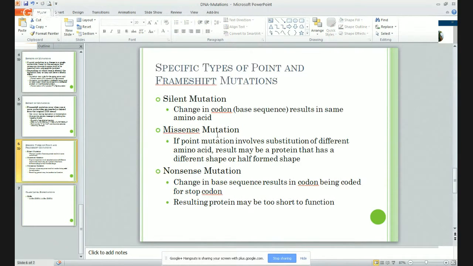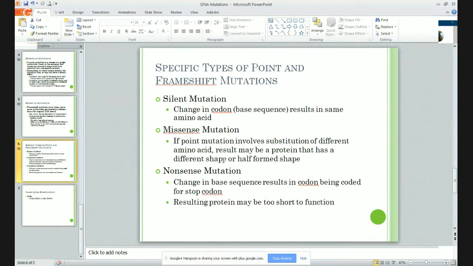Okay, the next one is a missense mutation. This is also a point mutation, and it involves the substitution of a different amino acid, so you're going to get a different amino acid formed. I guess technically you could say that a missense mutation could also be a nonsense mutation, which we'll talk about in just a second, because you may end up with a half-formed protein.